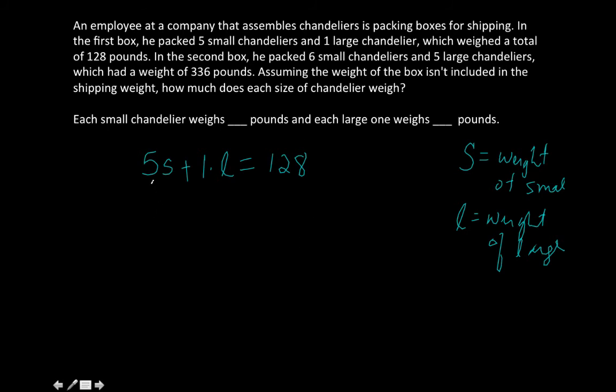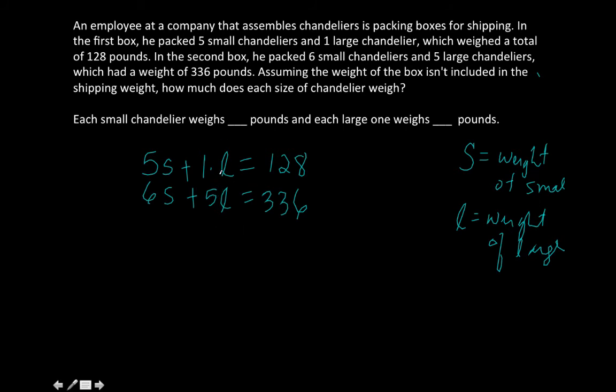In the second box, he had 6 small ones and 5 large ones, and that was 336 total. So, assuming that the weight of the box isn't included, the question is, what is S and what is L?